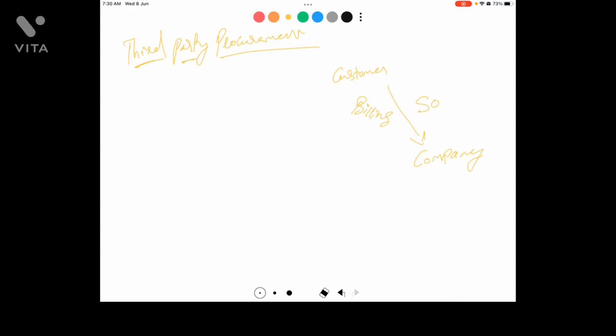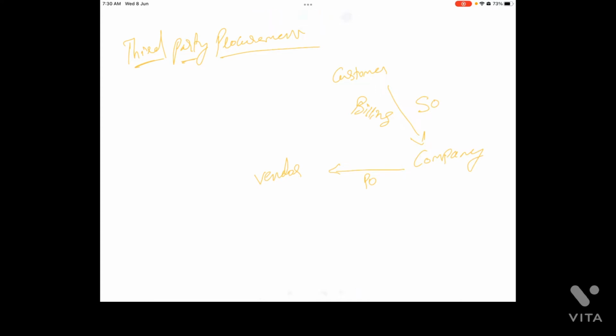When I place the purchase order with the vendor, we are ordering only the purchase order, and we are also requesting that the vendor give the invoice to me, not to the customer.